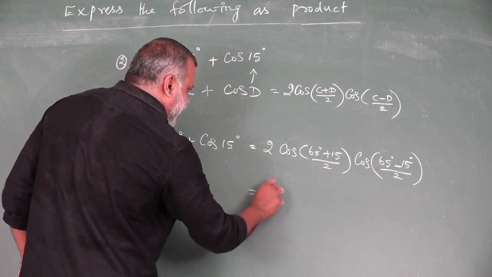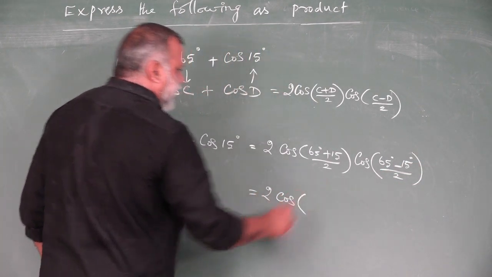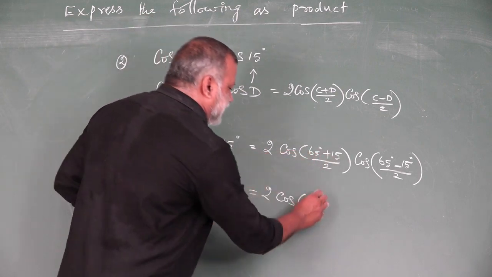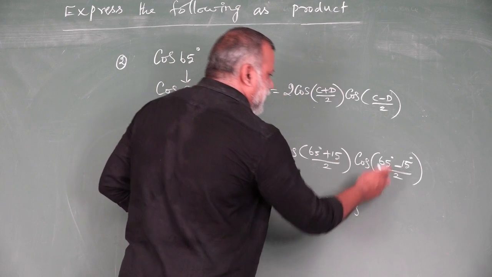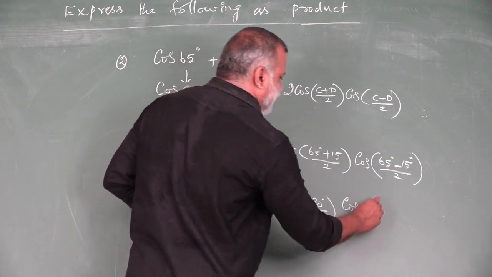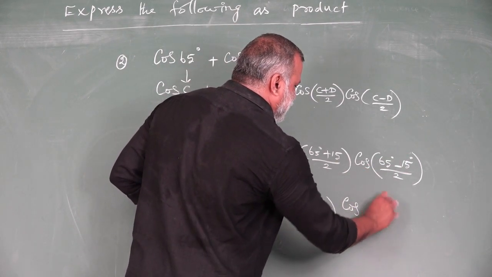If you simplify, we get 2 cos(80 divided by 2) and cos(50 divided by 2).